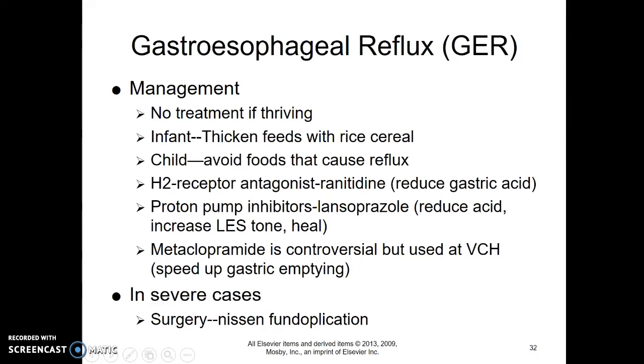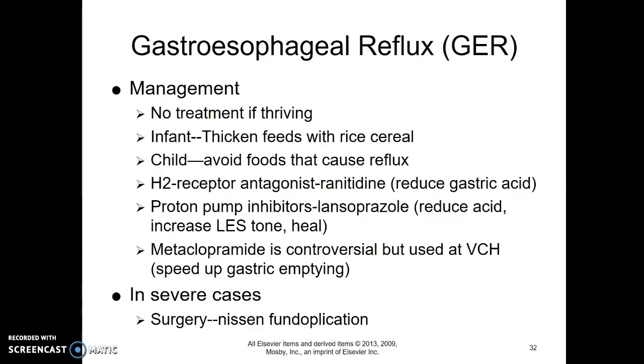The management, if the child is growing and has no respiratory symptoms, so they're thriving, there is no treatment. In infants, if they're not growing well or you have a really concerned parent, you can thicken the feeds.